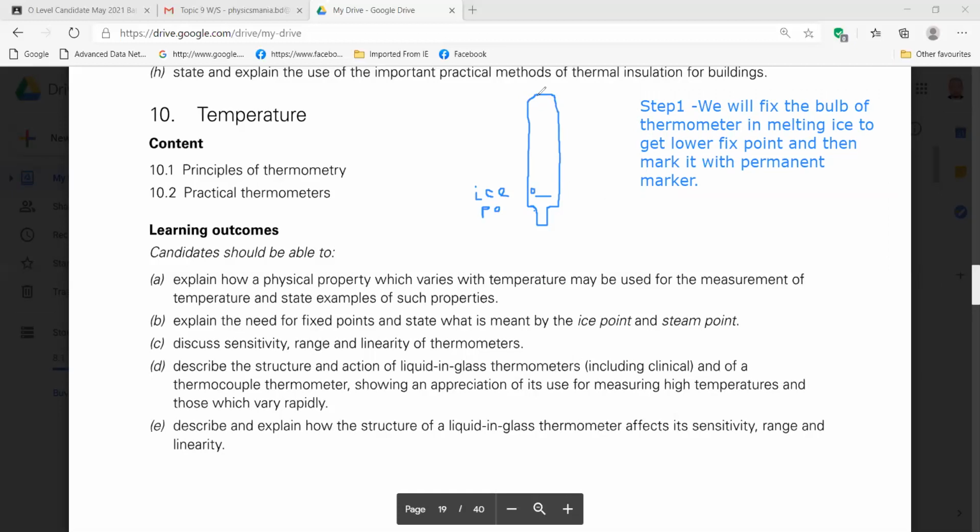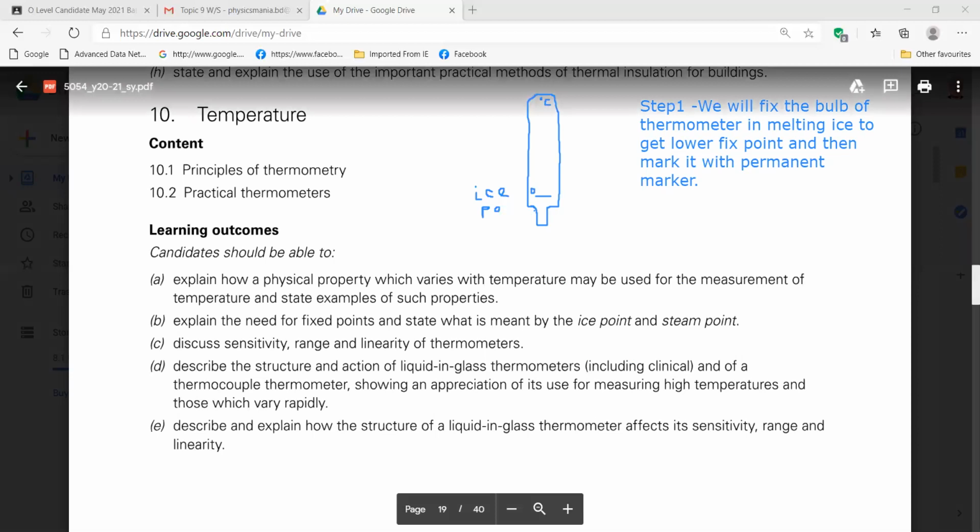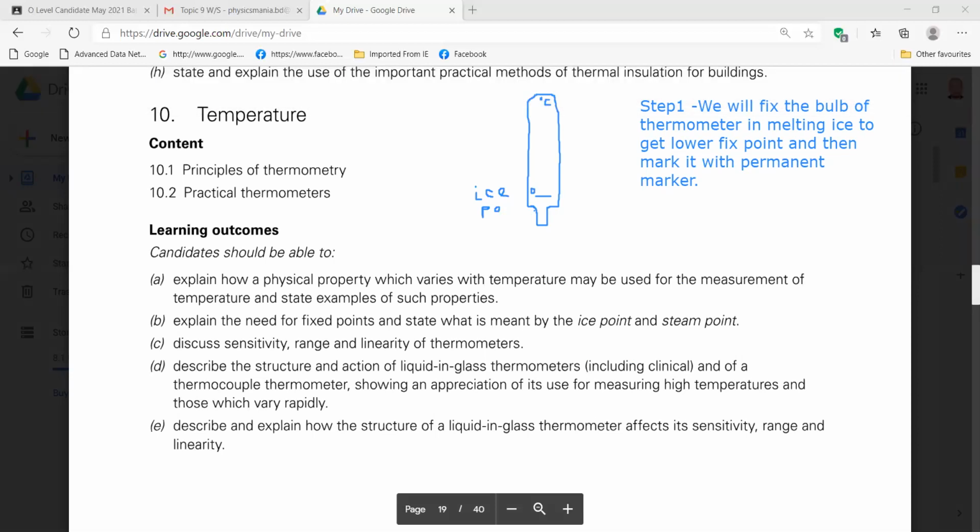The whole scale is marked in degrees Celsius. Now you write fixed point, ice point, and then 0 degree Celsius. Done. Yes, sir.